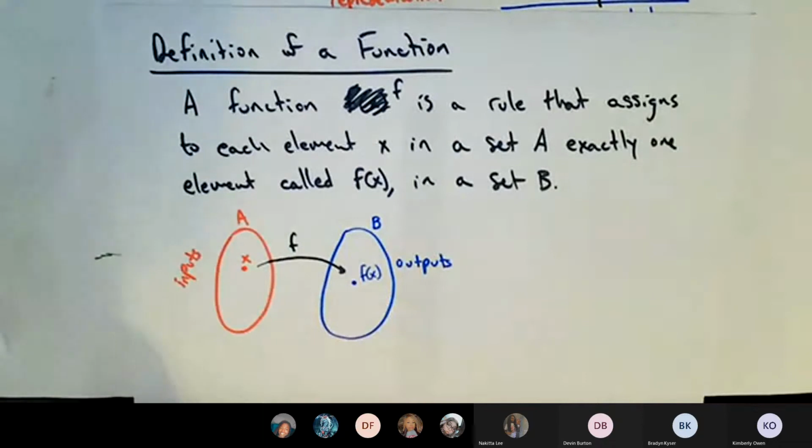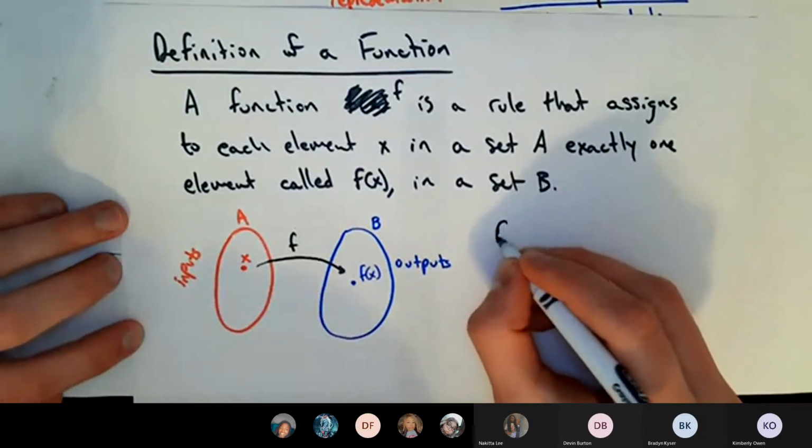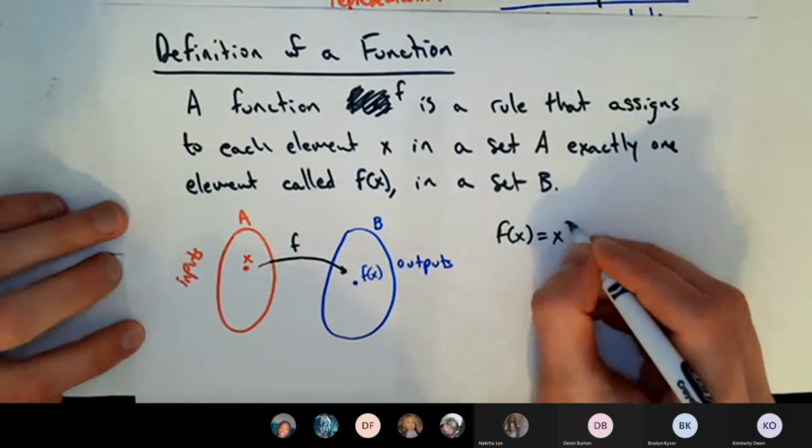So for instance, with that function that I gave earlier, back to that example, f of x equals x squared.